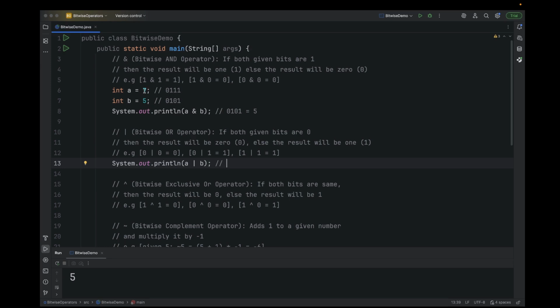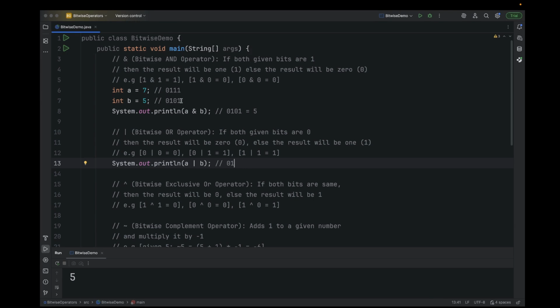If we should do that, the binary digits of 7 is 0111 and that of 5 is 0101. So let's take it one after the other. 0 or 0 is going to give us 0. Why? Because both bits are 0, then the result will be 0. That is why we're having 0. Now 1 or 1. Since it's not 0, 0, it's going to give us what? 1.